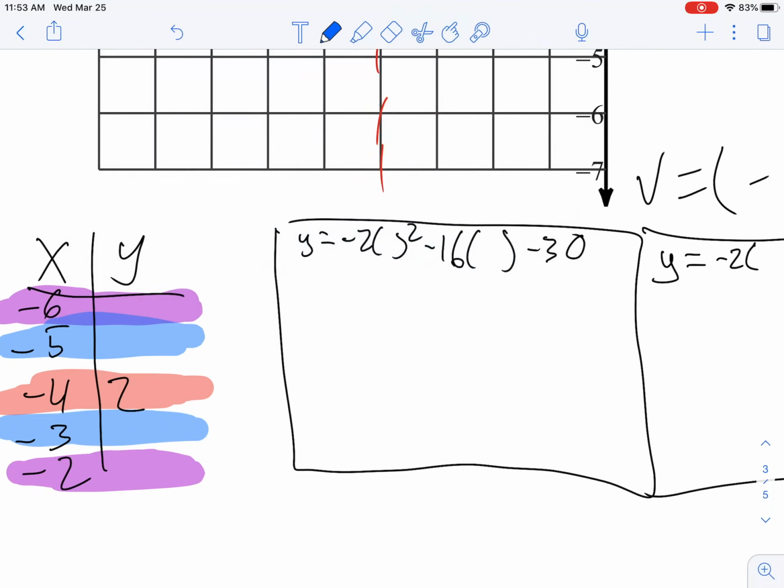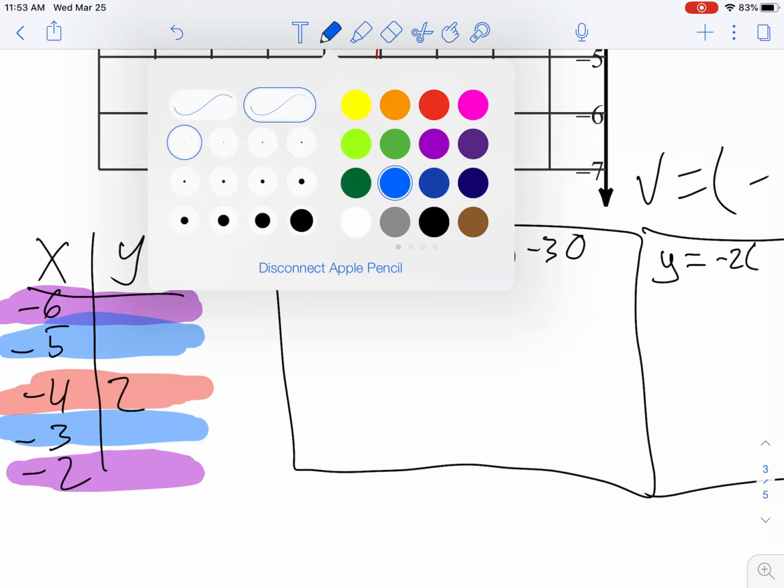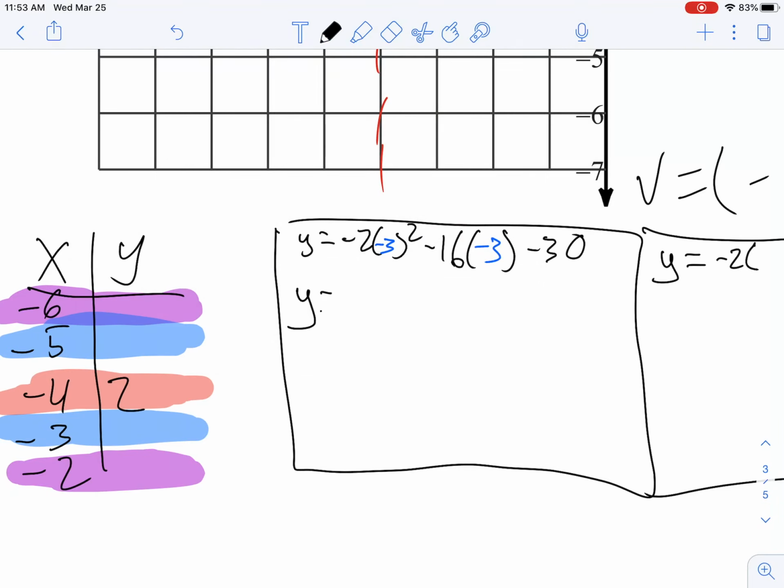So plugging in a -3 here, I'm going to evaluate. Okay, order of operations means that I have to work out this, -3 to the second power, which is a +9. I'm going to go through and do all my multiplying. That's -18. And let's see, this should be +48.